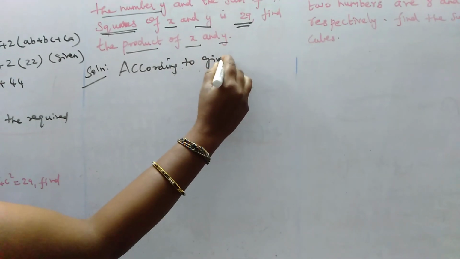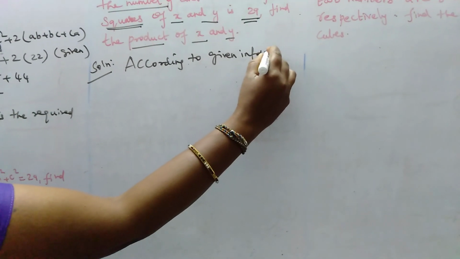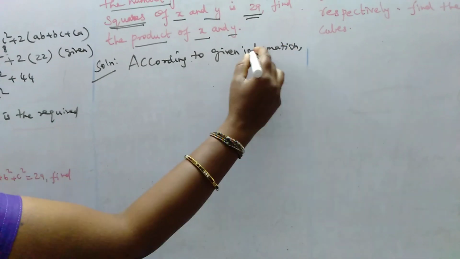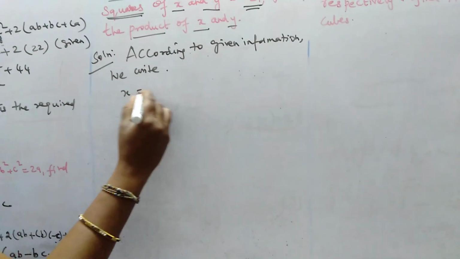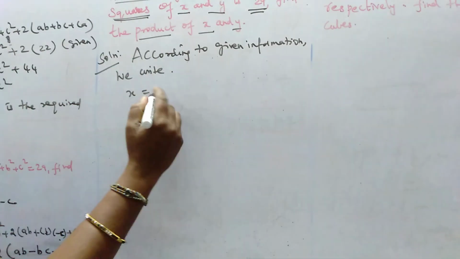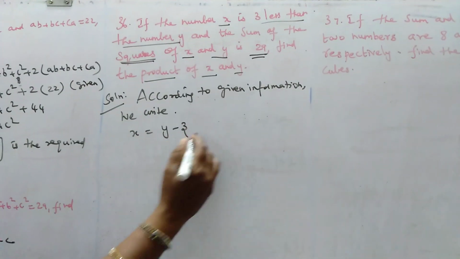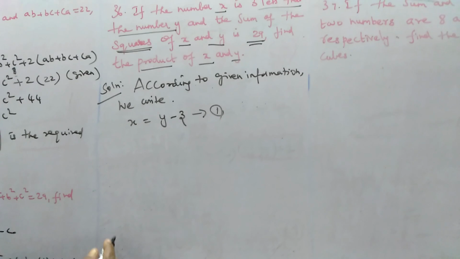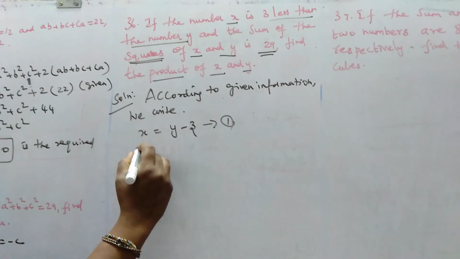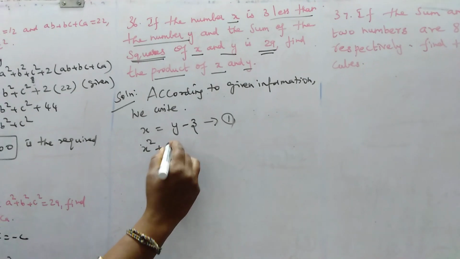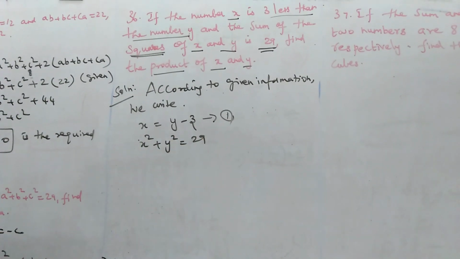According to given information, we write x equals 3 less than the number y means y minus 3. Consider this as equation 1. Then sum of the squares of x and y, which equals x square plus y square equals 29, right?